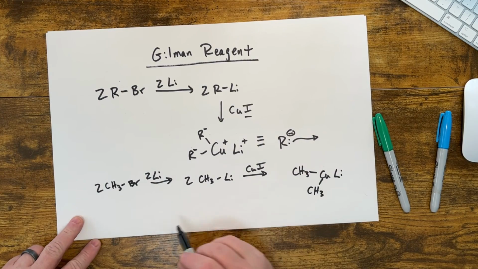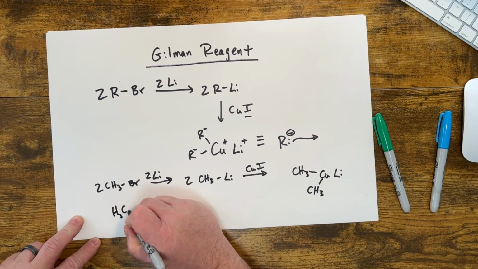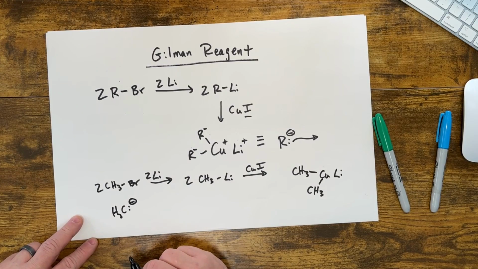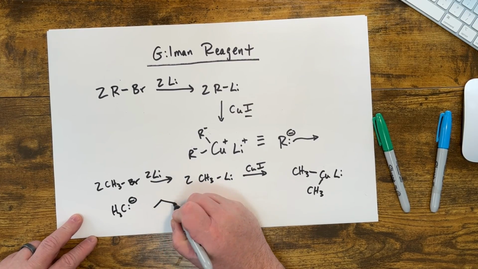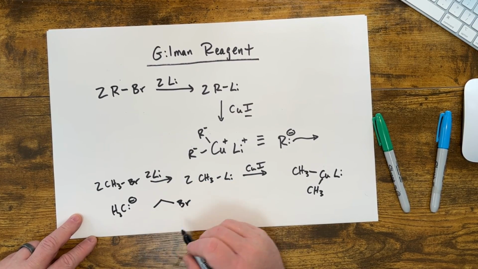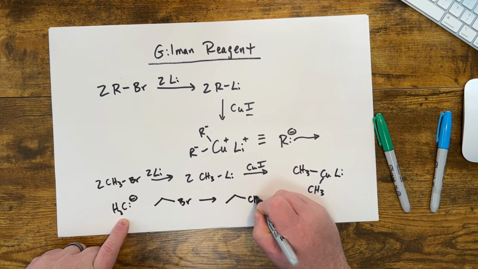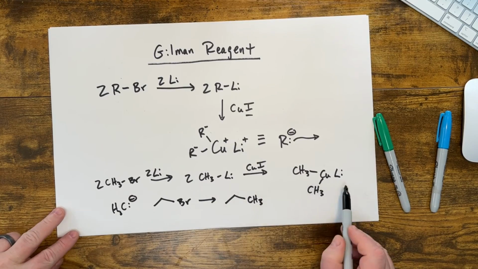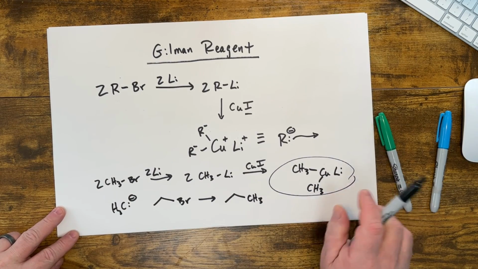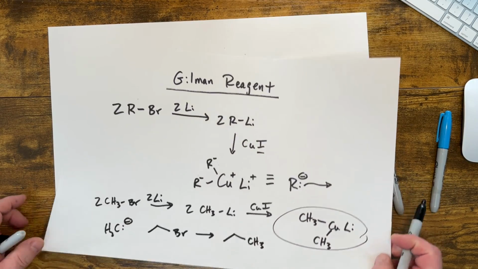So I want to think about this like CH3 with a negative charge, ready to go react. And now if I take a good leaving group, I can replace the bromine with my alkyl group. But I have to use the copper lithium reagent, the Gilman reagent we call it.